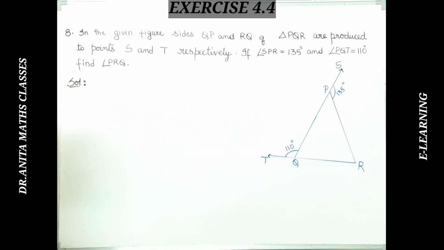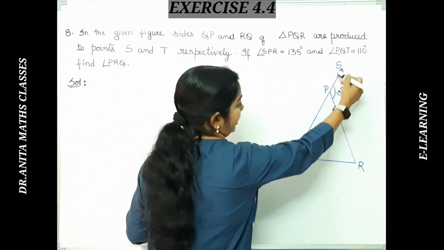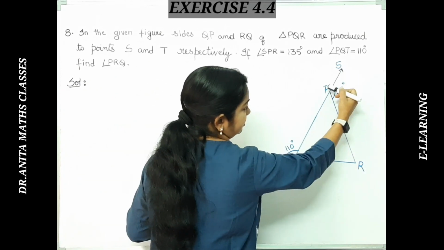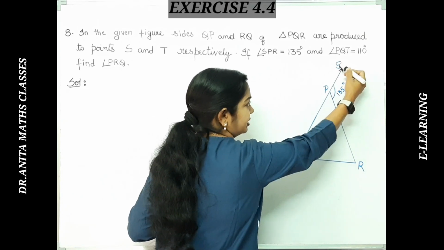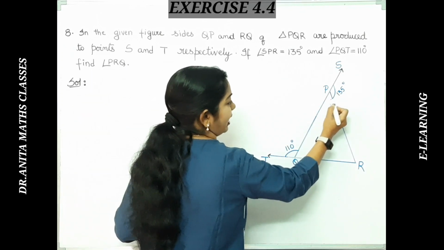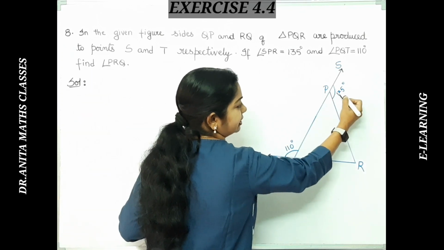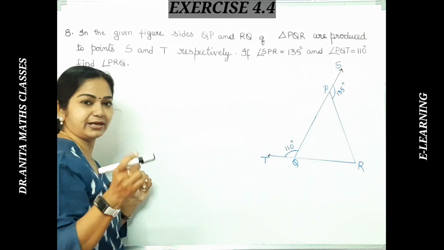If you clearly see the diagram, PQ is produced to S. So here the line SQ is a straight line. On a straight line, the angle is 180 degrees. Till here we have 135, the remaining angle will be 180 minus 135.